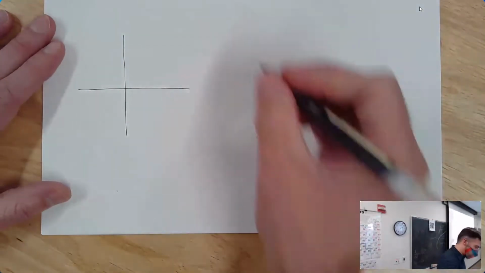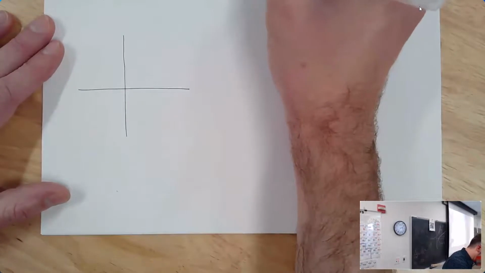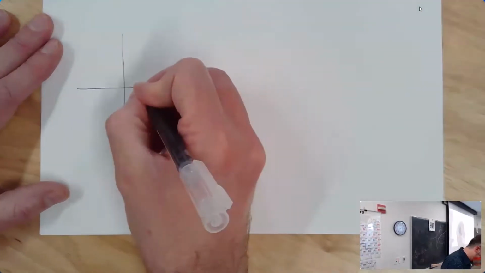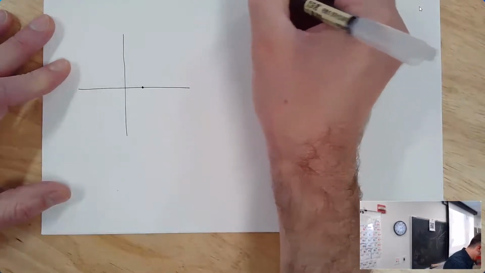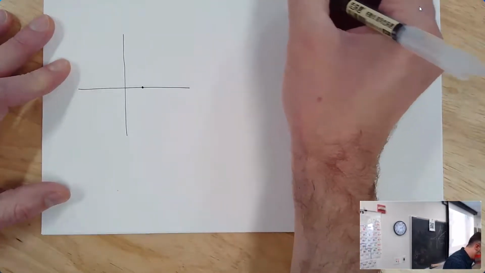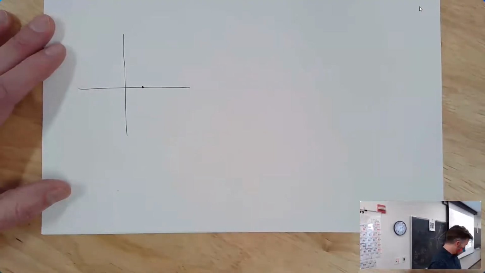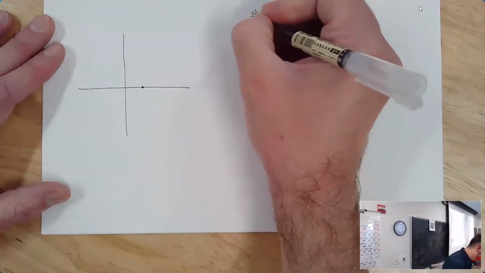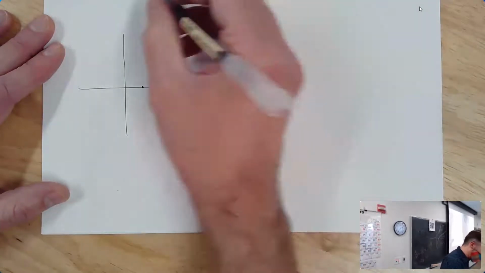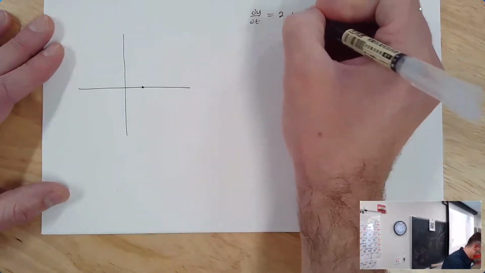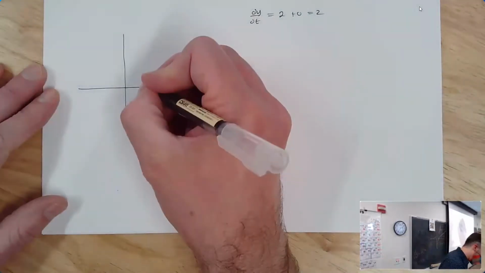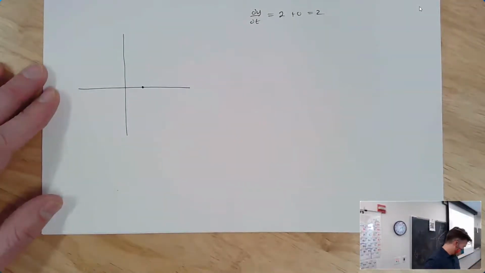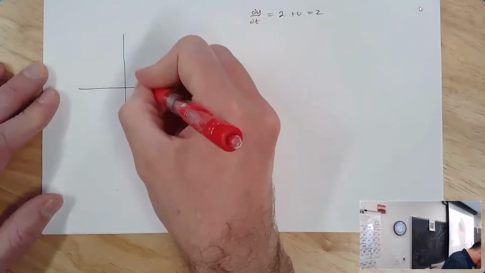If I pick the point, say, at 1, 0, dx/dt is going to equal 2 minus 0, so I'm going 2 to the right, and dy/dt is going to equal 2 plus 0, so I'm going 2 up. So I'm going right and up the same amount. From here, I'm going that way.